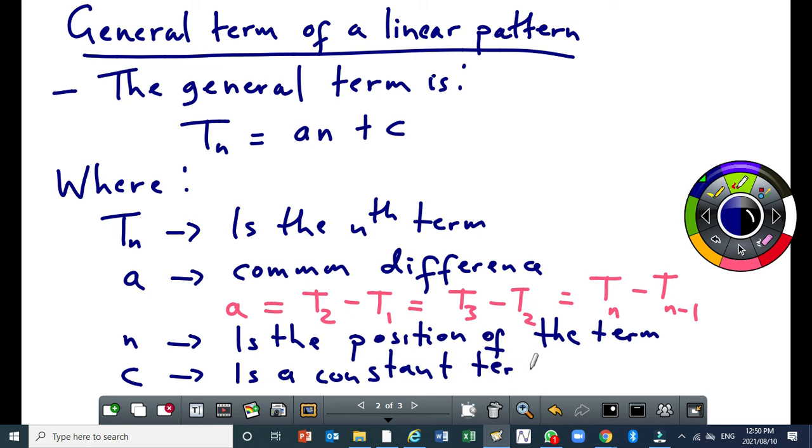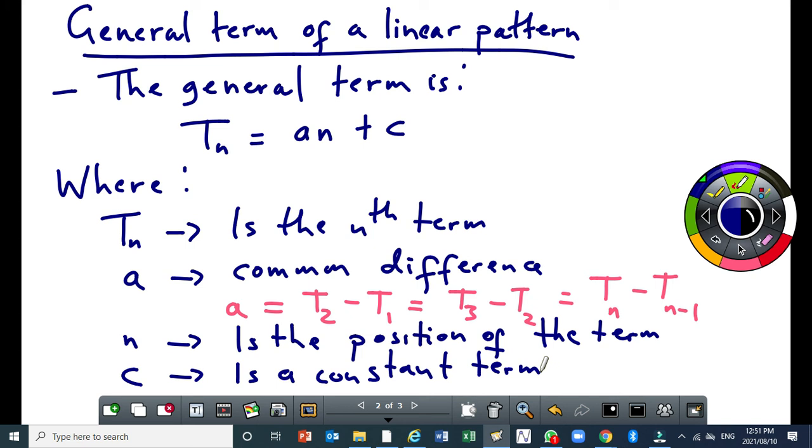So in grade 8 and 9, when you're doing number patterns that were linear, you probably were not using a specific formula to determine all the terms in that sequence. But now you can use a formula that can help you to determine all the terms, to determine the position, to determine the difference between the terms and so on.